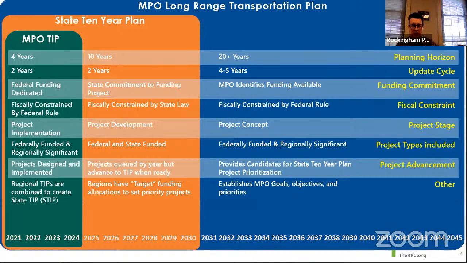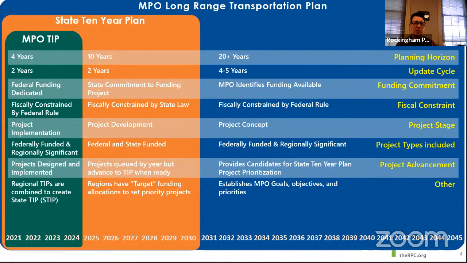Now, within the 10-year plan, making up the first 4 years of the 10-year plan, is the MPO TIP. This is a federally required document, and it's an MPO document as opposed to a state document. It's the first 4 years. It's updated every 2 years. We are required to include any project that has federal funding or is considered to be regionally significant.